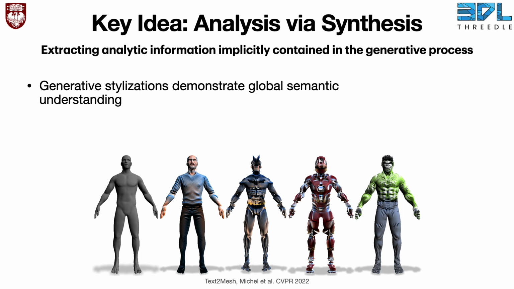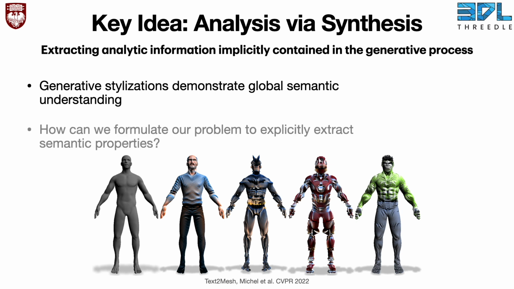However, text-to-mesh just creates the style and does not give us explicit information about the underlying semantics. This begs the question: how can we formulate our problem to explicitly extract these semantic properties? Our method accomplishes this by framing our analytical problem of region localization as a generative problem.